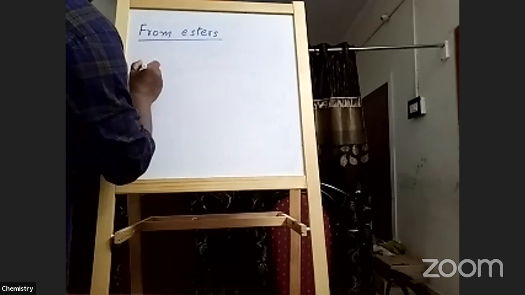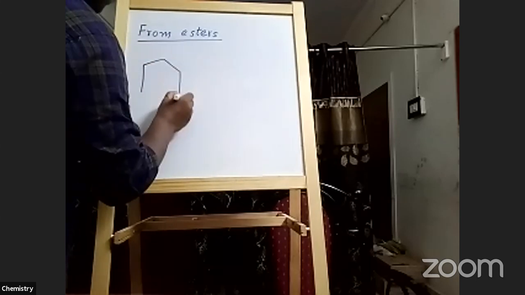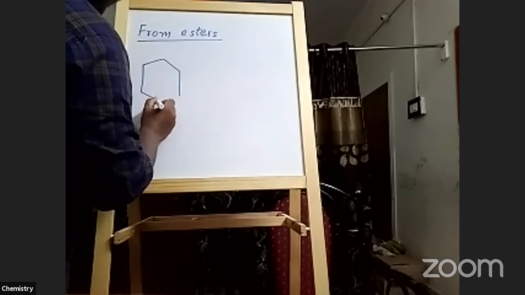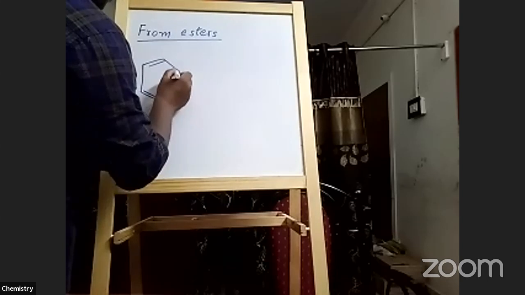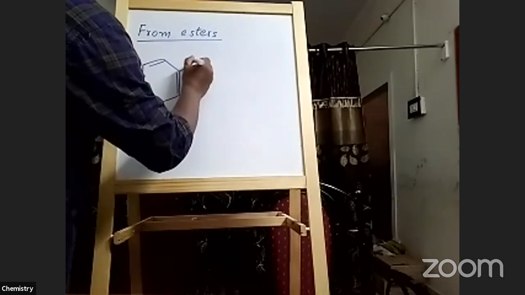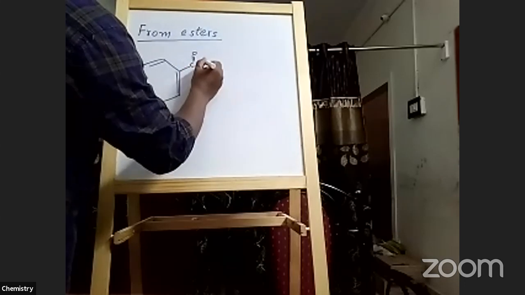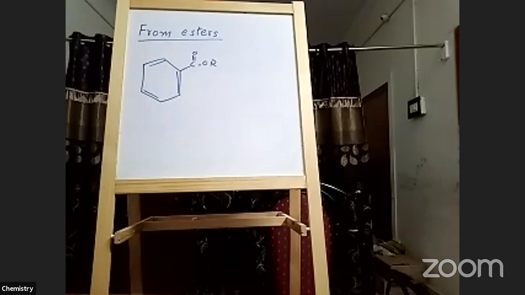On the benzene ring, the ester will be like this. If you take this one as R, like an alkyl group or aromatic ring, okay? RCOOR is the ester. We know that, right?